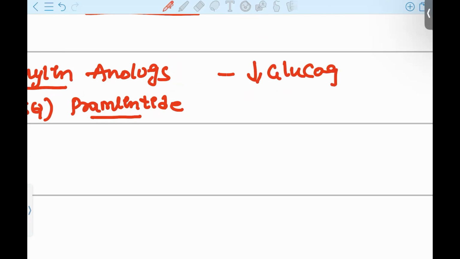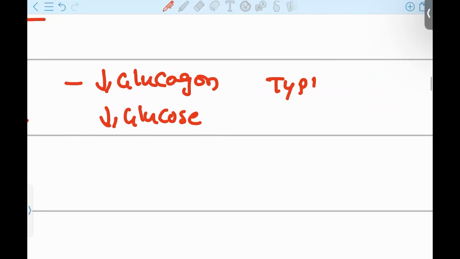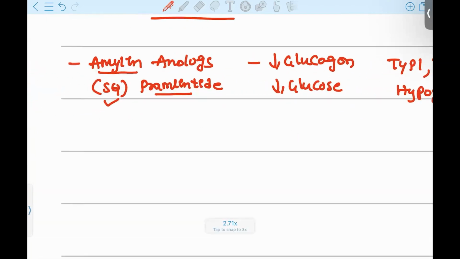Whichever decreases the glucagon is indirectly decreasing your glucose levels in the body. This is given in subcutaneous form. This can be given in type 1 patients and also type 2 patients, both. And this also causes hypoglycemia because the bioavailability of this drug is very high, right? So the hypoglycemia risk is also high.